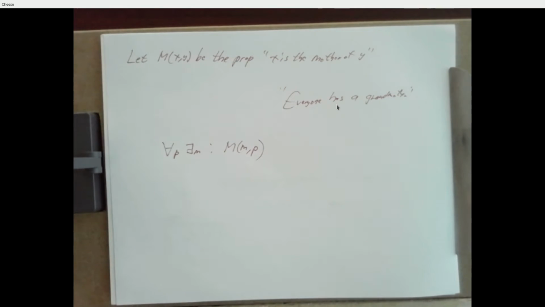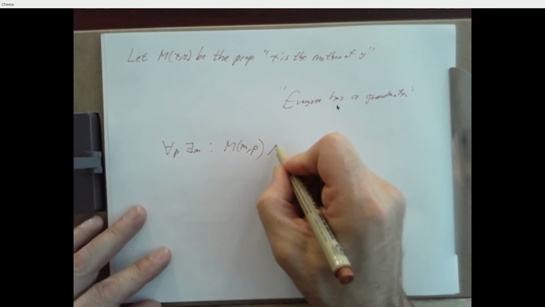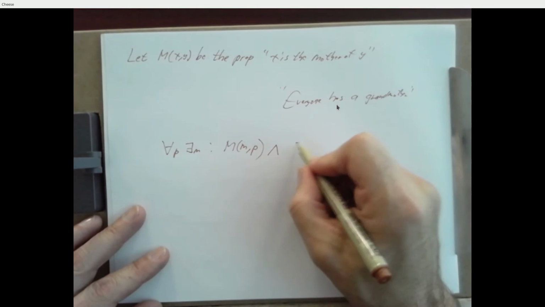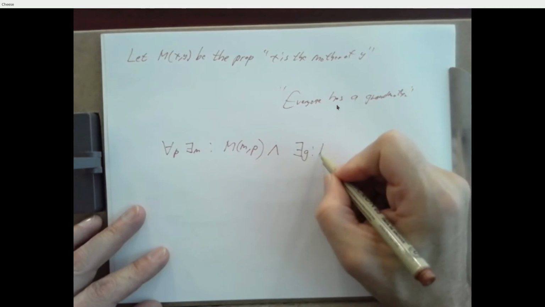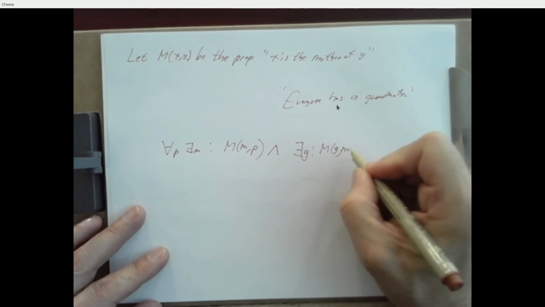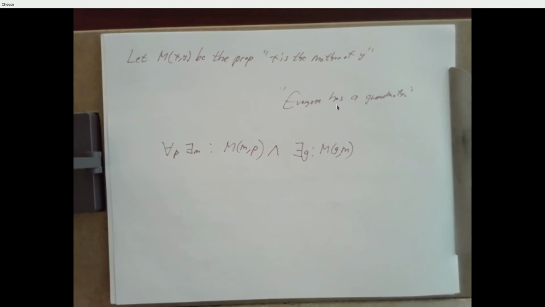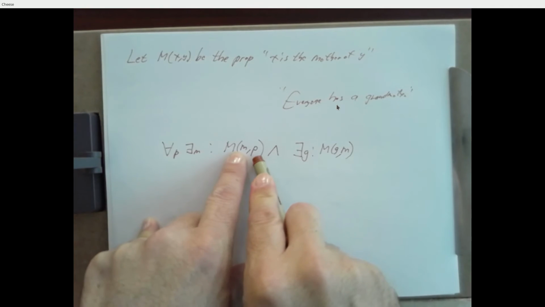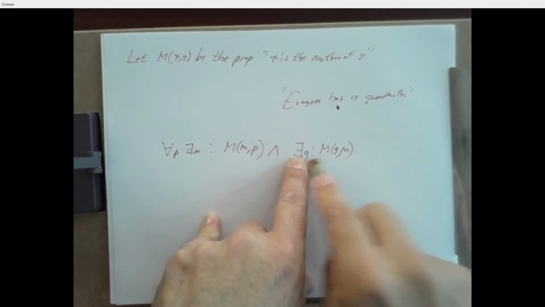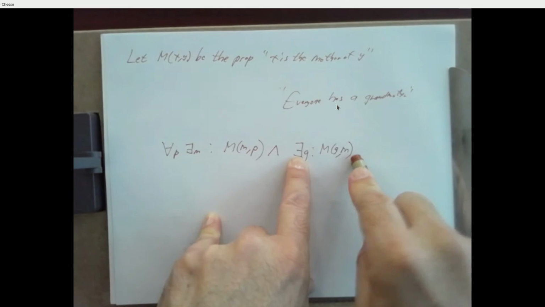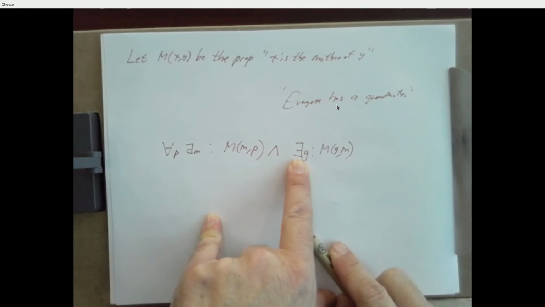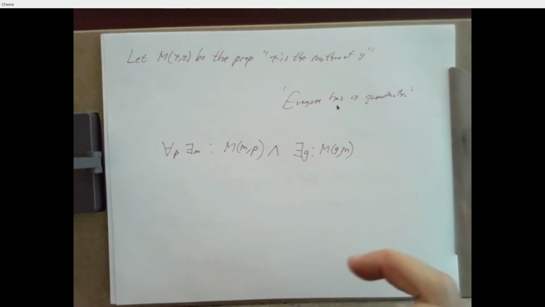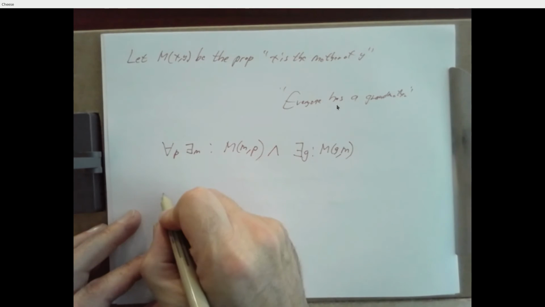Okay, well, to say that there's a grandmother, we could also say, and there exists a person G such that G is the mother of M. So this says for any person you pick, you can find a mom, and you can find a grandmother who's the mother of that mom, which means that they're the grandmother of person P. And normally we put these quantifiers in the beginning, so I could rewrite this a little differently.